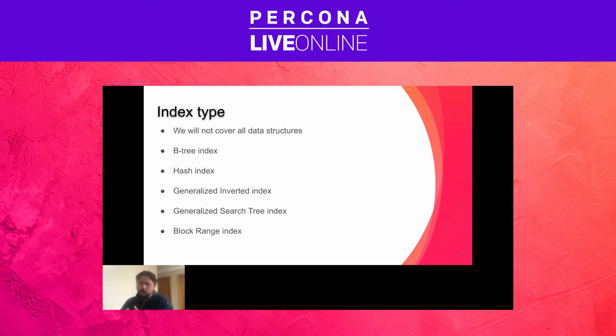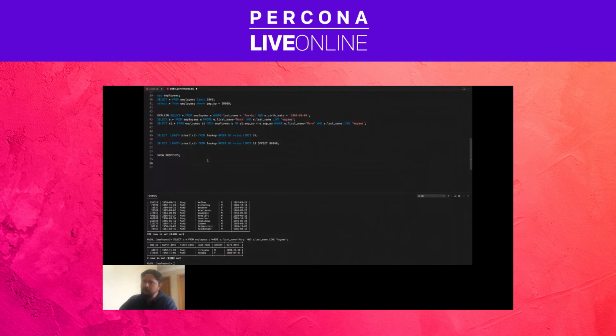Well, we give the database a value, and it uses an algorithm to calculate that hash and create a table with those hashes. It's like if I do a select MD5 here, for example, of Charly. This is one hash, right? This is not exactly the algorithm the database uses, but the idea is the same.